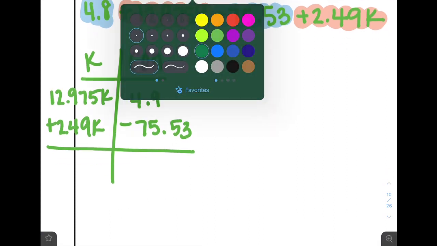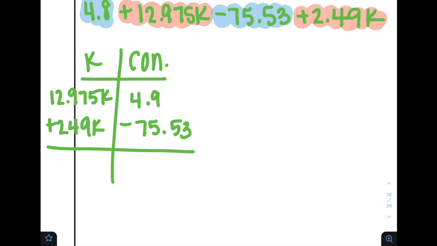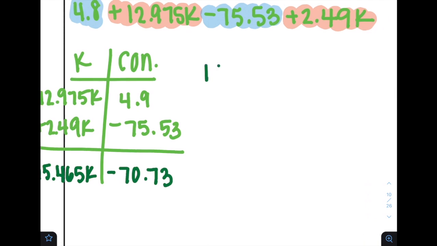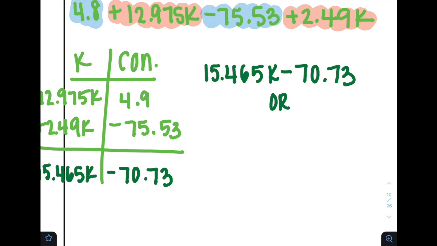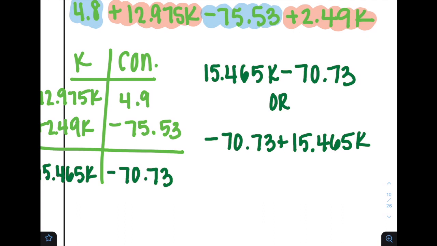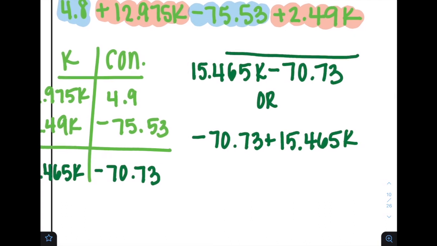So what I'm going to get is 15.465k and a negative 70.73. So I'm going to combine that and get 15.465k minus 70.73. Or if it was switched around, remember taking the sign in front, it'd be negative 70.73 plus 15.465k. Either of those would be technically correct in your answer.